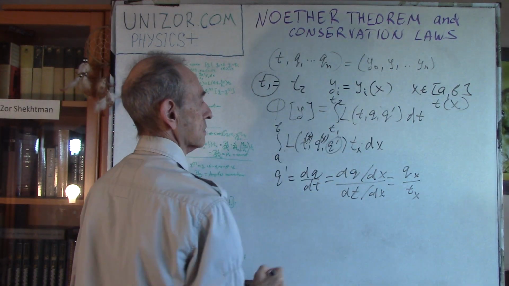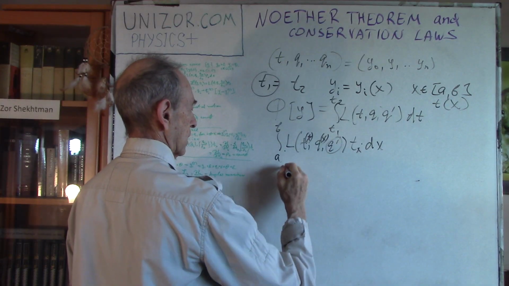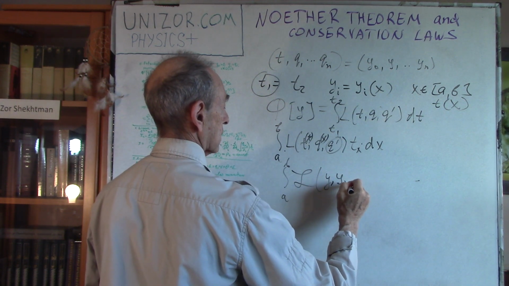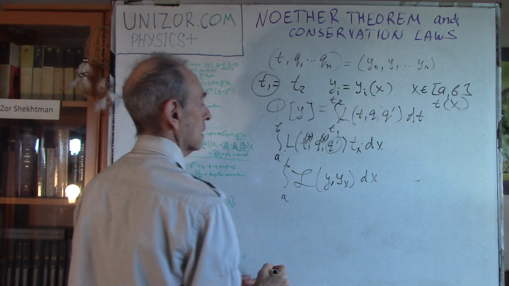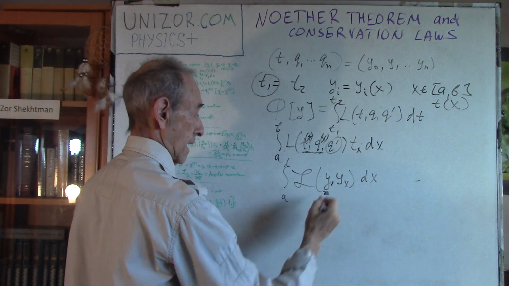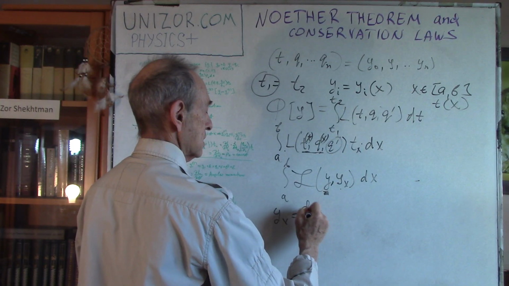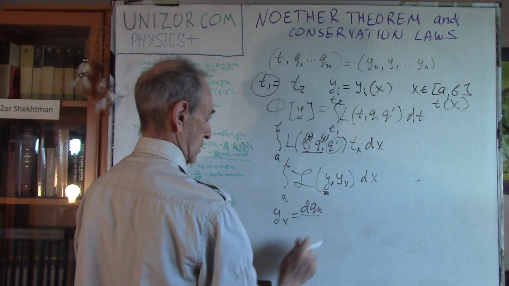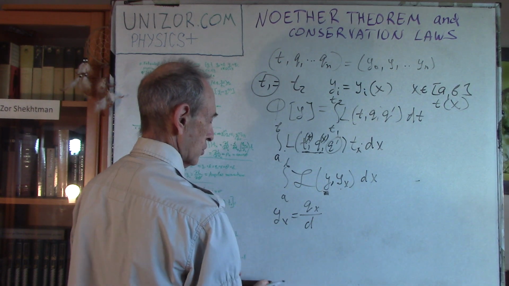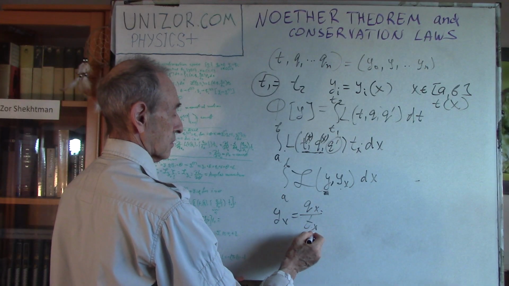So if I would change that, under the integral I will have the function integral from a to b of L, of basically y and y_x, dx, where y means all the coordinates, which is t and q, as functions of x, and y_x is q_x, derivative by x of q divided by derivative of t.